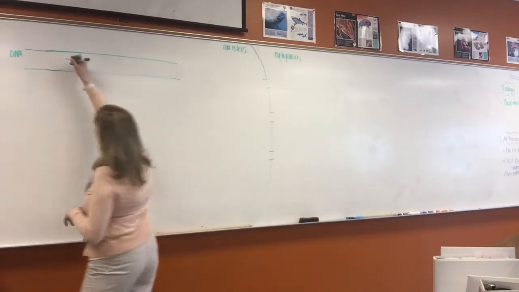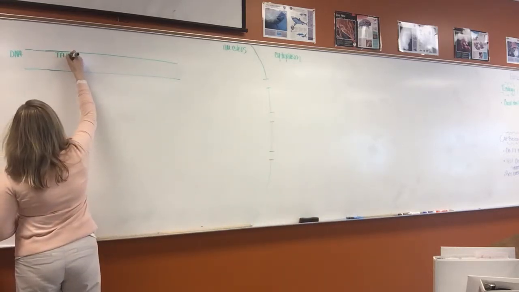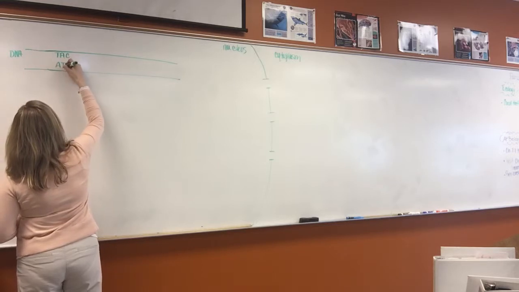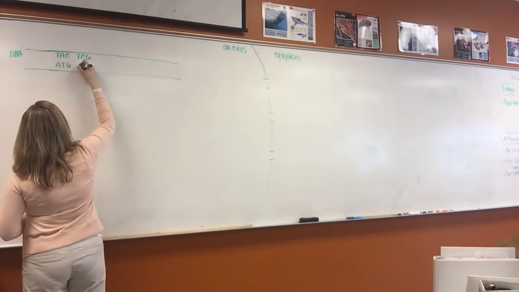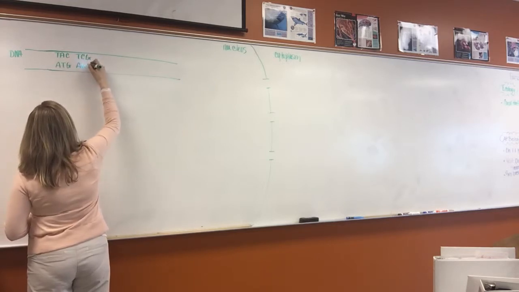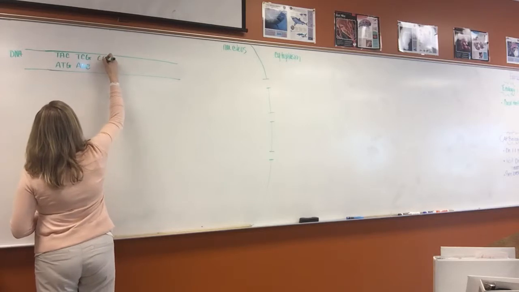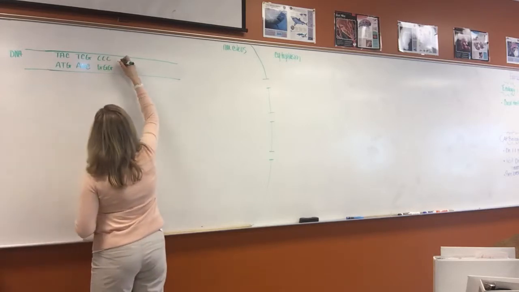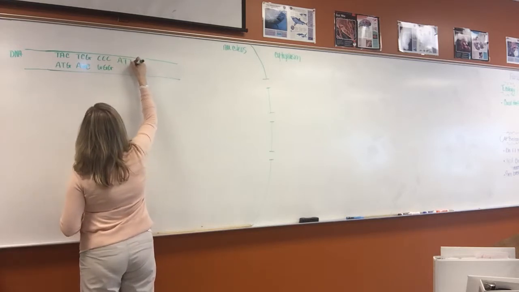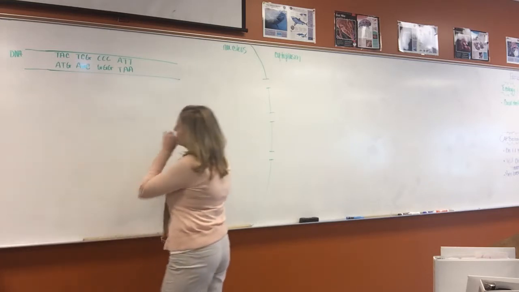So let's do, this side is going to be TAC, so then it's going to be ATG. Okay, so let's say this is our DNA.